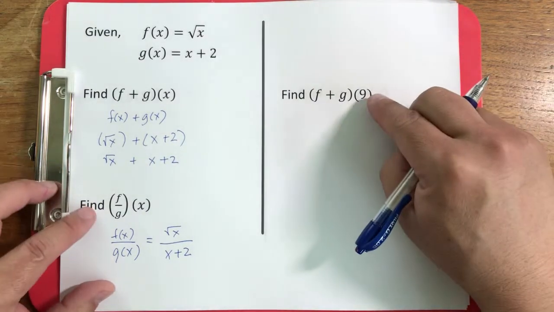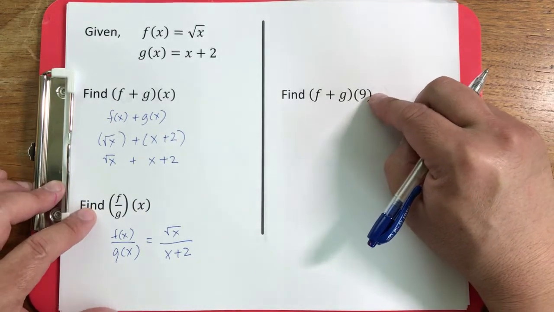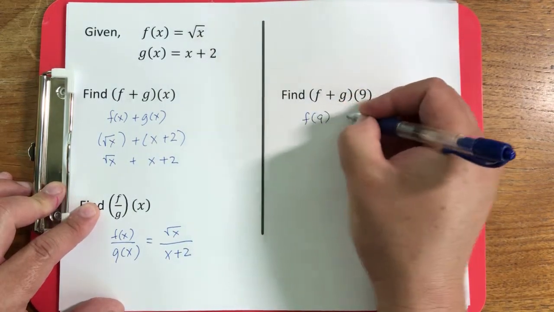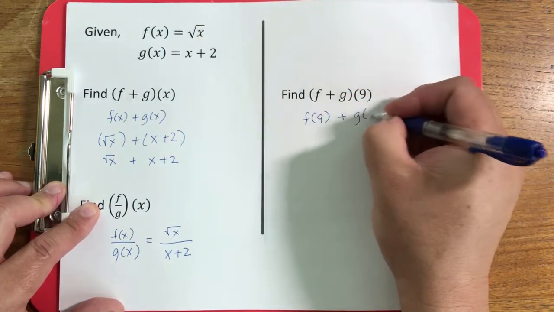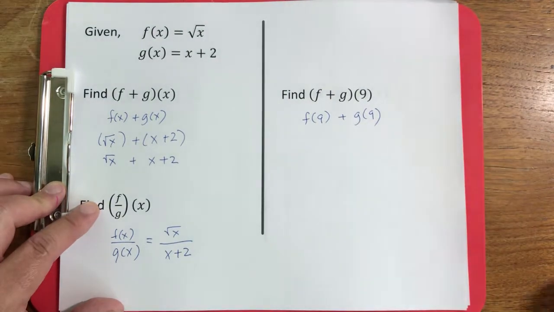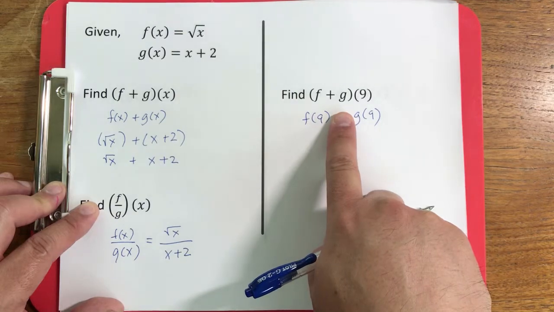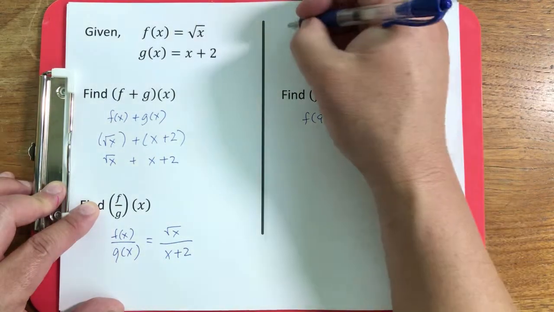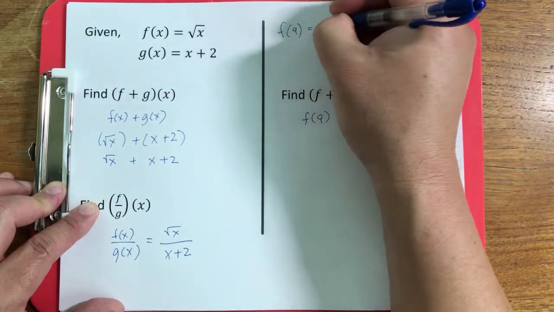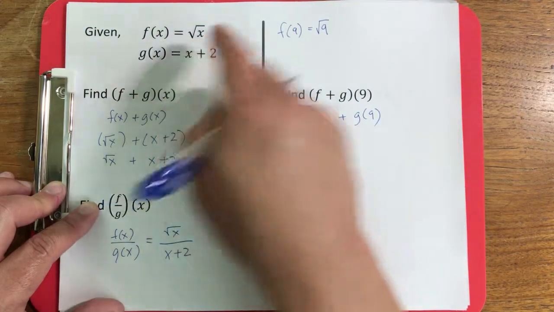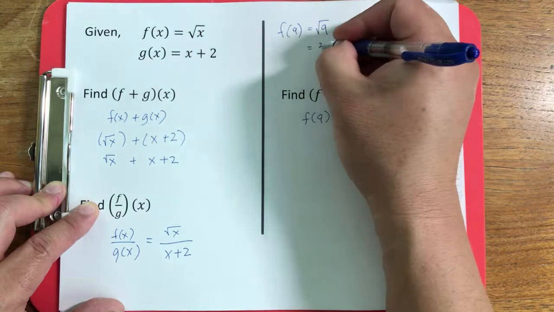Now, if I put a number in the parameter, we can apply the parameter to both functions. And then we can figure out what f of 9 and g of 9 are separately and then add them together. So f of 9 is equal to square root of 9, right? I'm just plugging in 9 wherever there's an x. So then that's equal to 3.